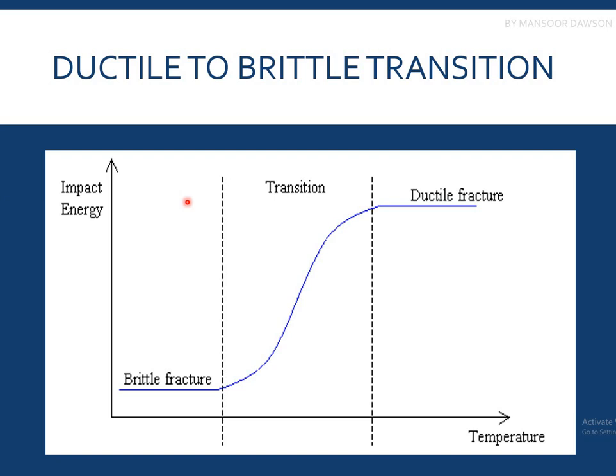Okay, so what happened with the Liberty ships is that the material they used had a very high impact energy at room temperature. Suppose this is the room temperature. And they expected this ductile fracture at a very high impact energy.